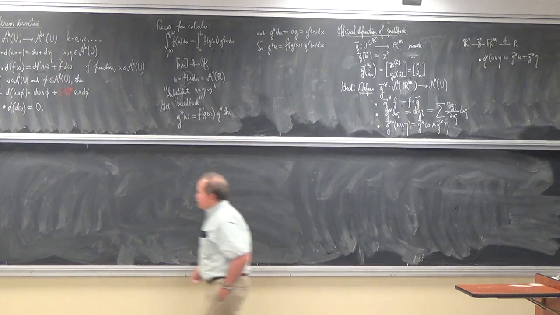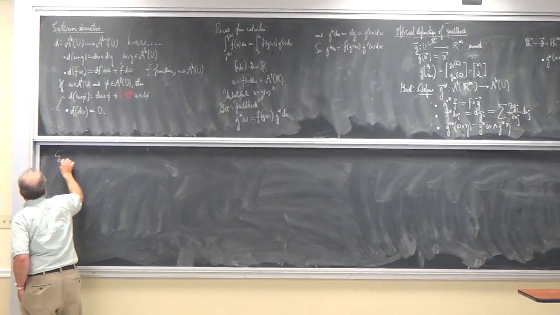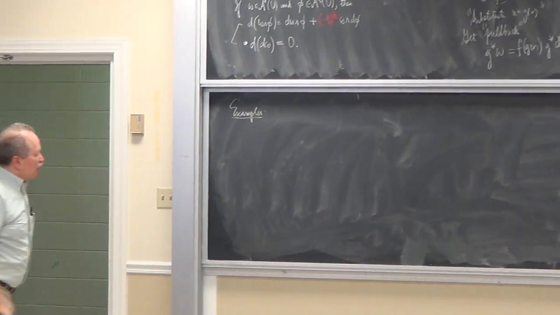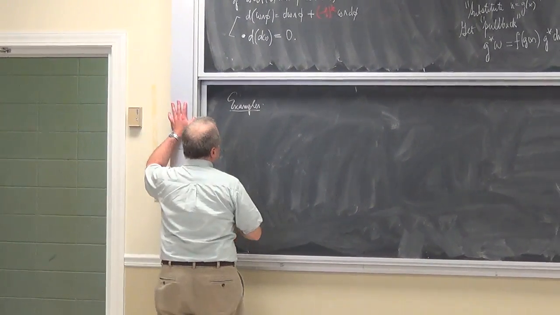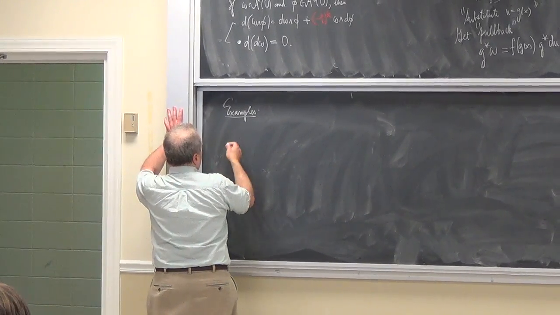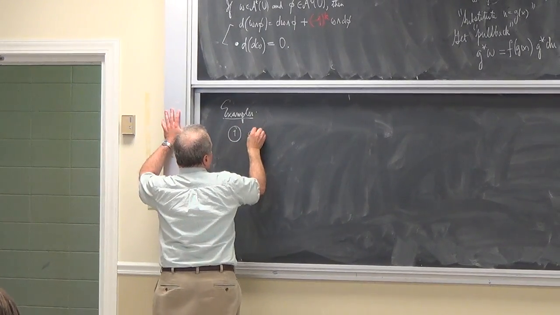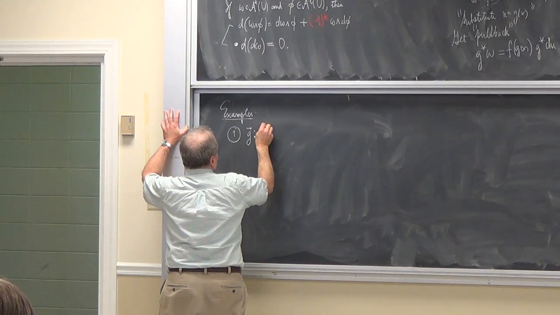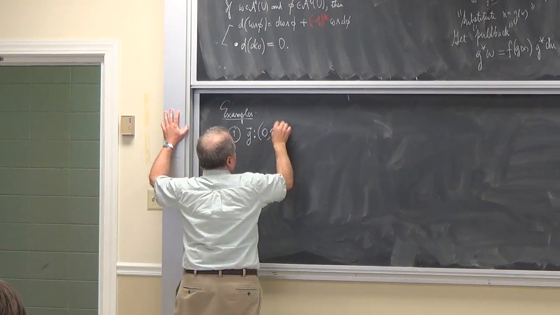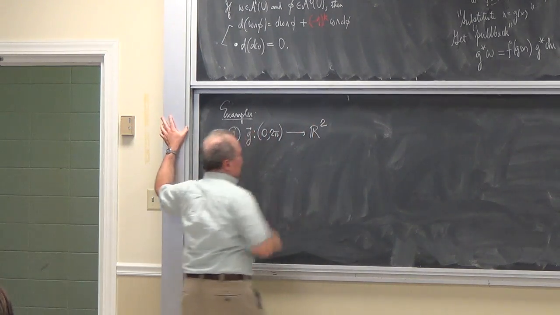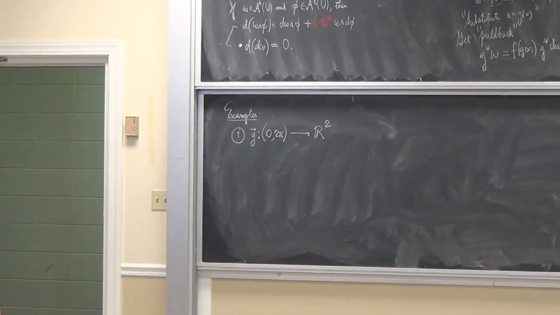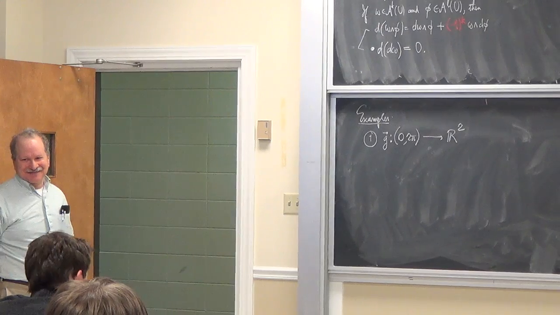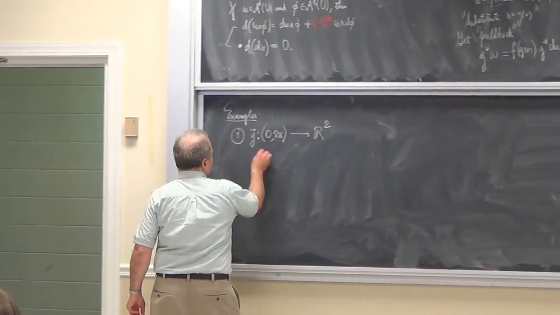Okay, let's do examples. So, for example, suppose I took g mapping one dimension to 2 dimensions. You can probably guess what I'm going to write down for g. Cosine, sine. How about cosine, sine?